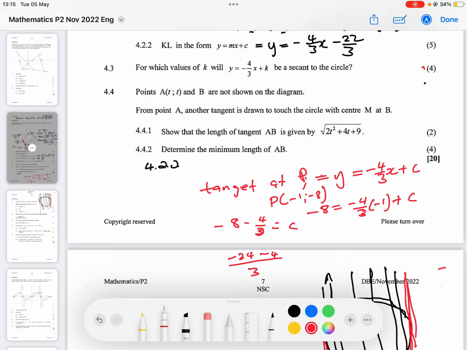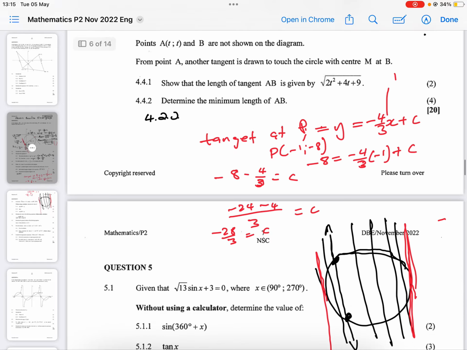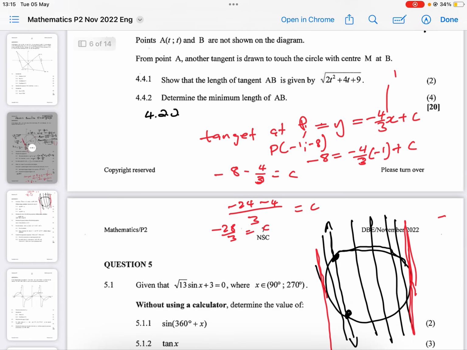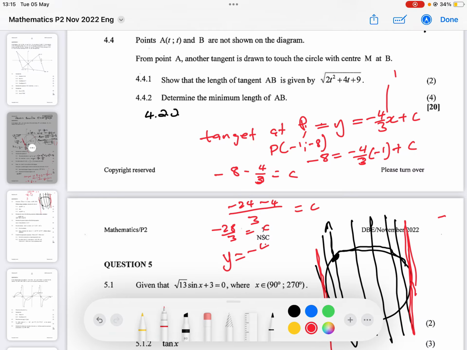So c will be minus 28 over 3. Now, what do we say? The equation of the tangent at P is y equals minus 4 over 3 x minus 28 over 3.